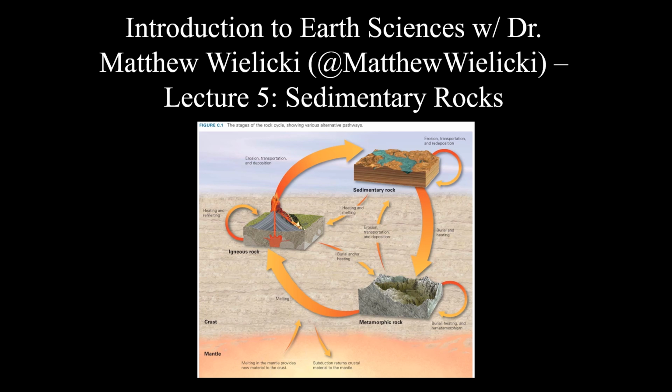Eventually those fragments can be lithified, or essentially glued together, to make the second of our three rock types, sedimentary rocks. Sedimentary rocks are very important in telling us about the history of our planet, because they maintain environmental clues and data, as well as our fossil record. So let's talk a little more about sedimentary rocks.